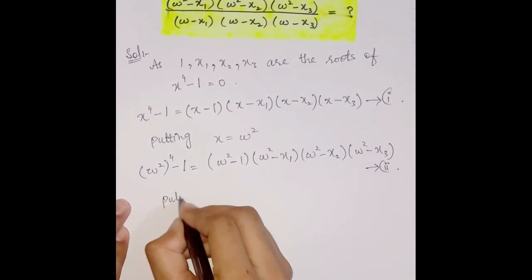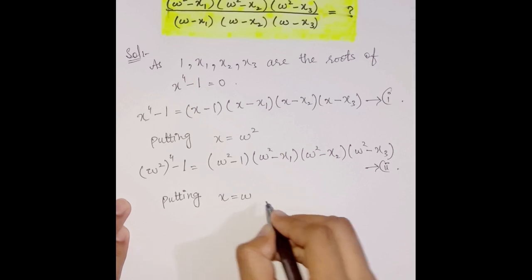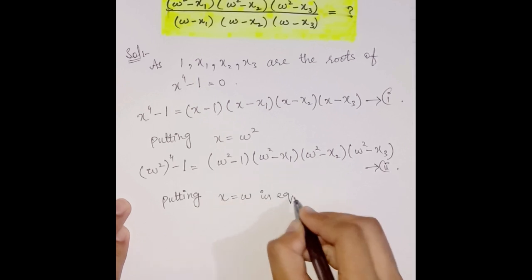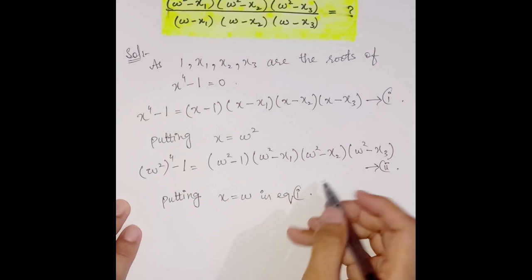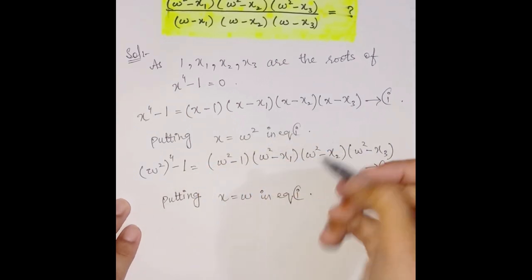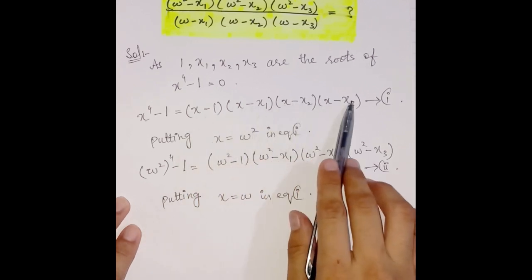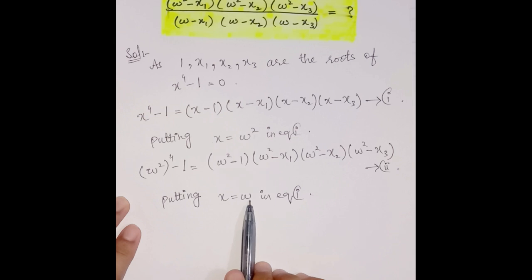Again I'm putting x equals omega in equation 1. As I did before, I put x as omega square first in this equation, and now I'm putting x equals omega similarly.